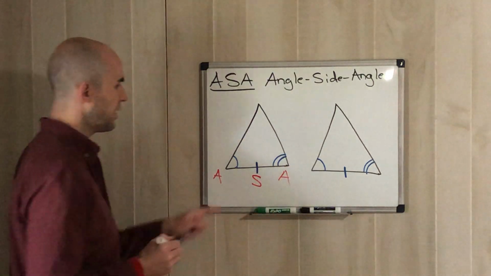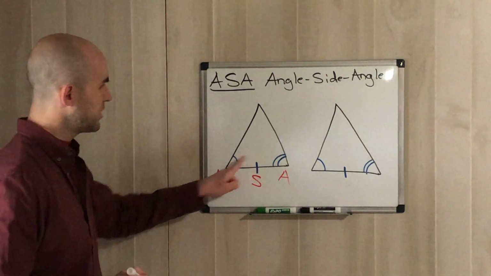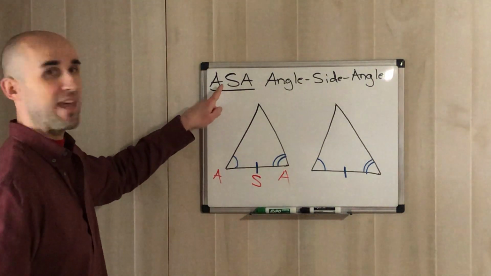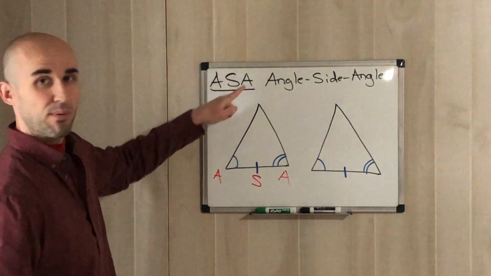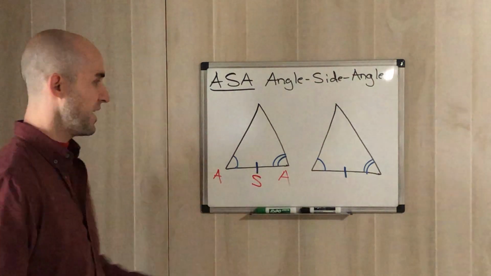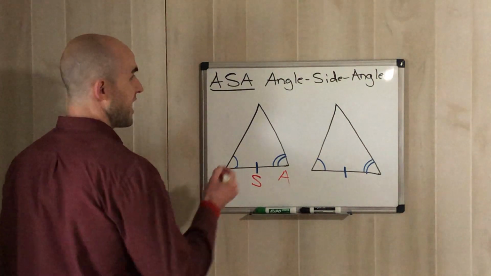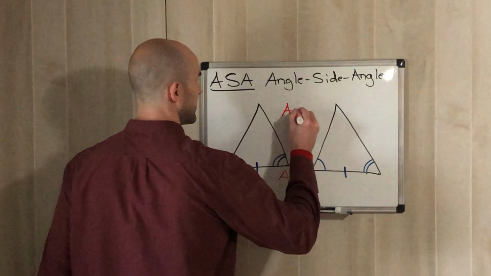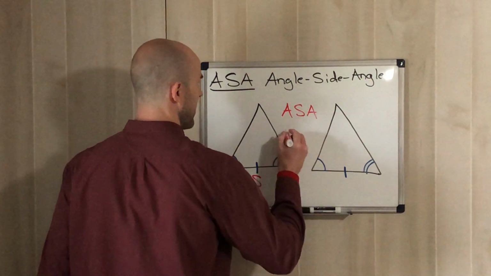And more importantly, we know that that side is between those 2 angles. For it to be ASA, the side needs to be between those 2 angles. And once you have that side between the angles, automatically you know it's congruent by ASA, right?